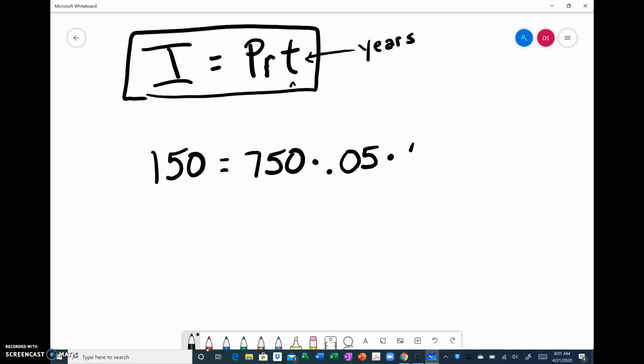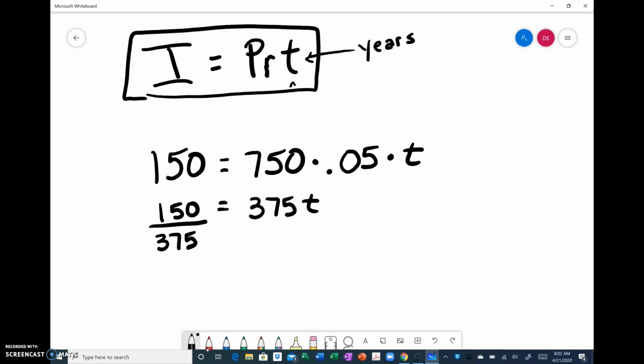How long means you're looking for time. So we've already done this with a different interest rate in the first video. I'm going to go through this one quickly. 750 times 0.05 is 375. Still looking for time. So I'm going to divide 150 by 375. I feel like I missed a decimal point.